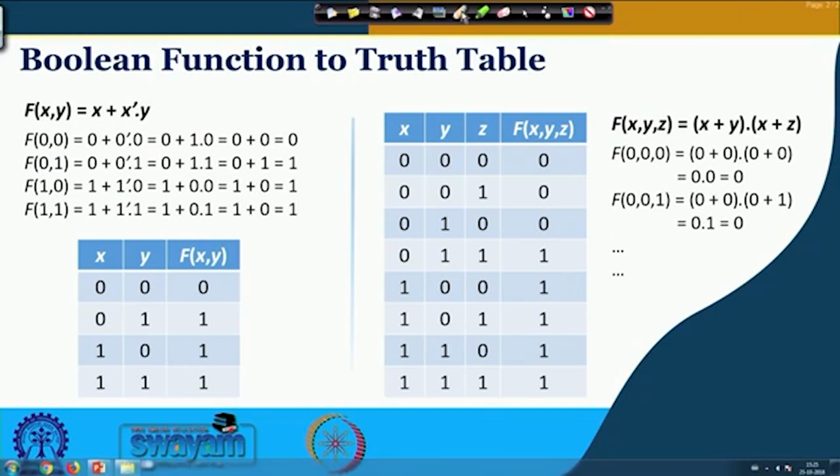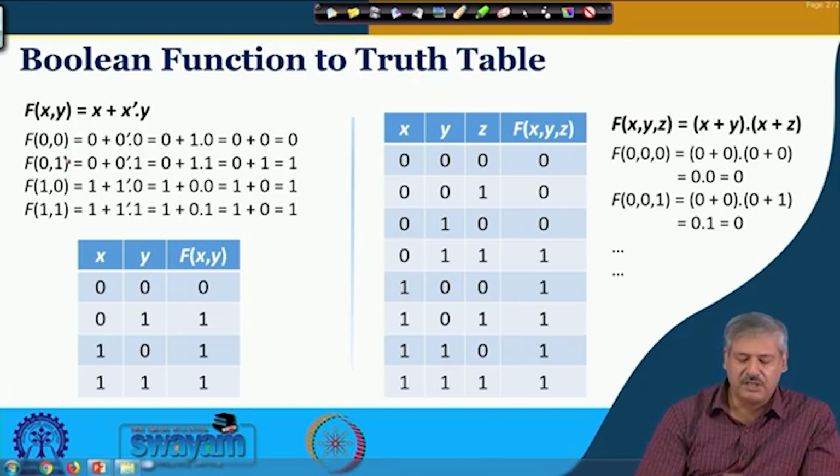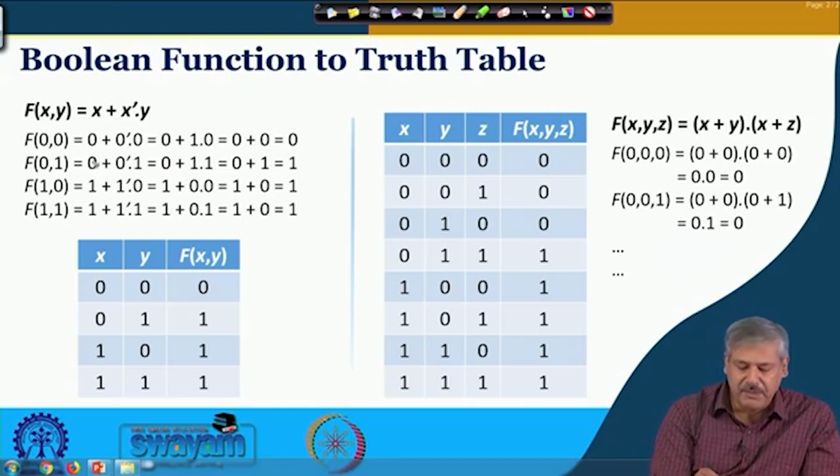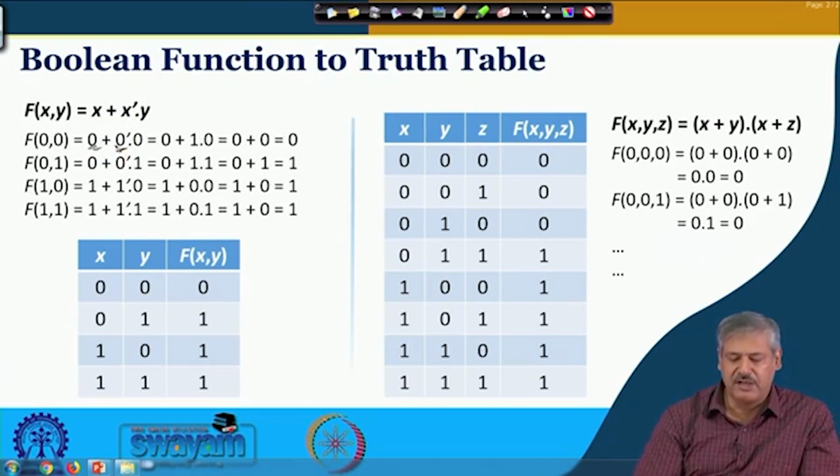If you want to get the corresponding truth table, for these x and y variables we substitute 0 and 0. Then it becomes 0 + 0'y. This first 0 stands for x, and this 0' is the substituted x value, and y is also 0.